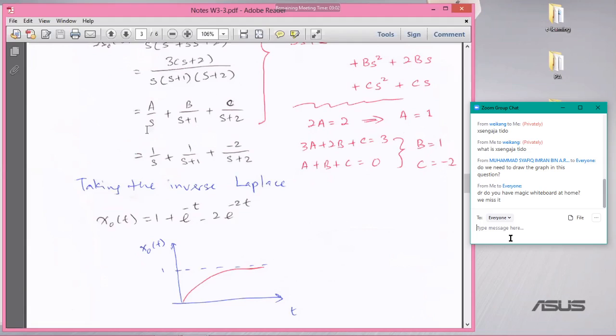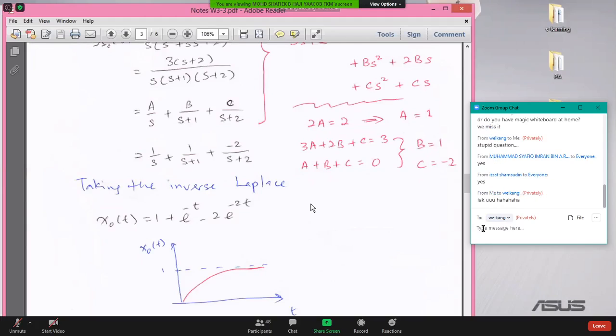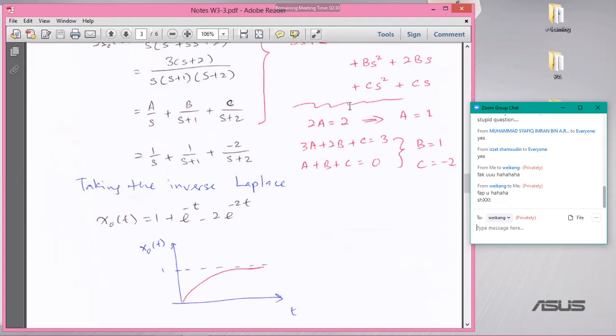Sometimes we wish that we have a simpler method of determining A, B, and C. Do you wish that we have a simpler method? Yes. Okay, your wish is granted. Yes, there is a simpler way of determining A, B, and C rather than solving this simultaneous equation by comparing the coefficients of the polynomial.